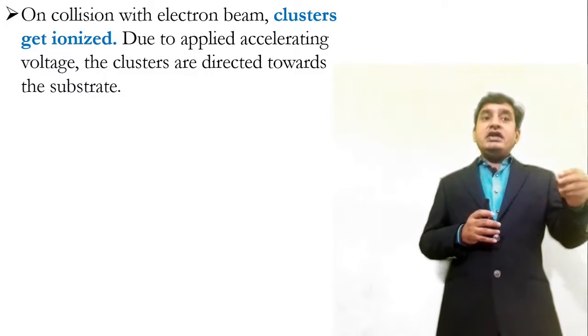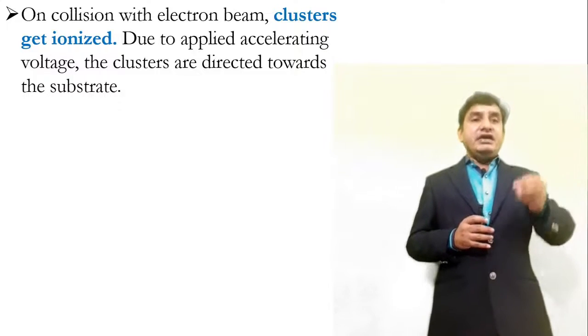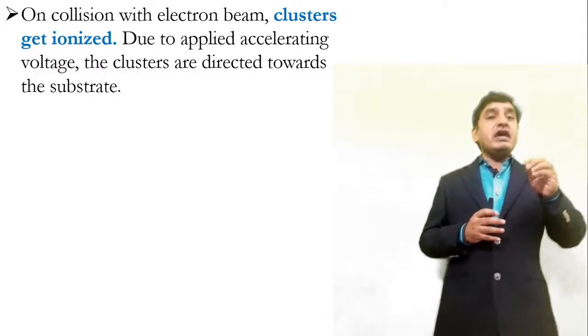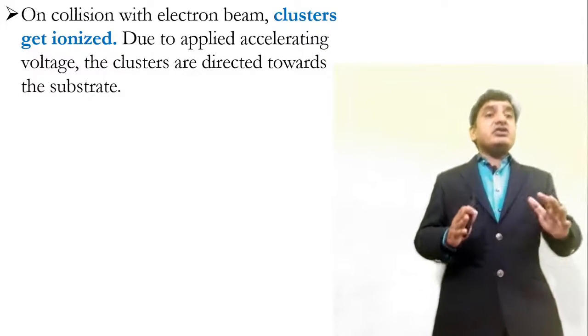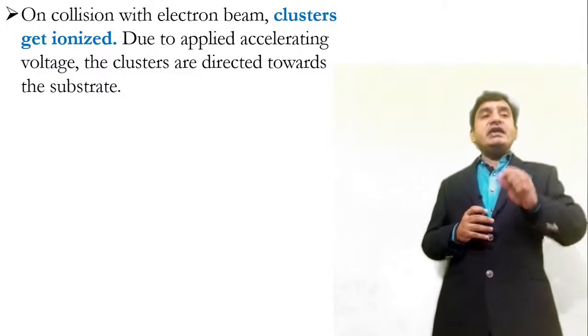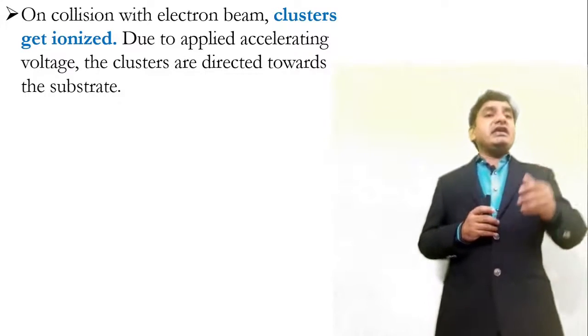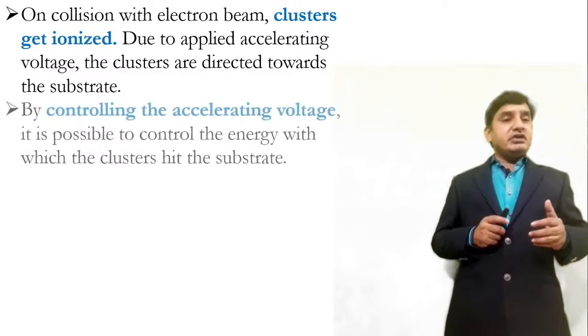When the electron beam collides on the target material, clusters get ionized, and due to the accelerating voltage, the cluster is accelerated and directed toward the substrate.